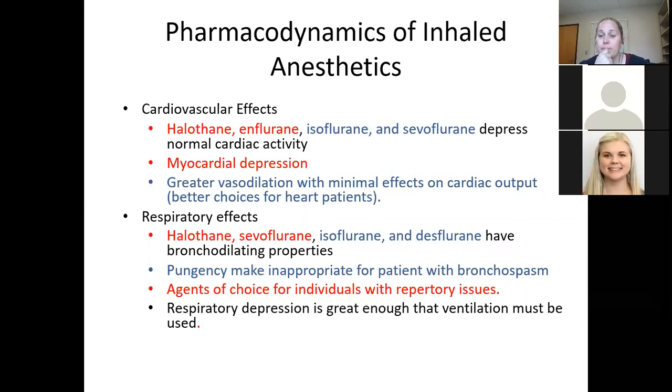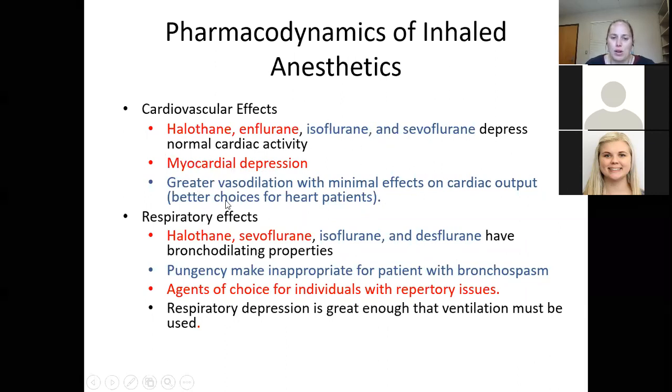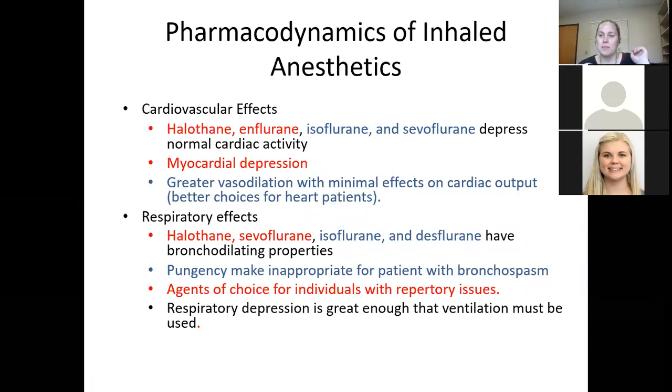Hey, Katie, you said red equals cardiovascular effects. What does blue equal? So, I'm sorry, maybe I wasn't clear on that. So red is correlating, so halothane and enflurane display myocardial depression, and isoflurane and sevoflurane have that greater vasodilation. And so essentially I'm pairing the coloring with the effects, does that make sense? Yeah, that makes sense now.